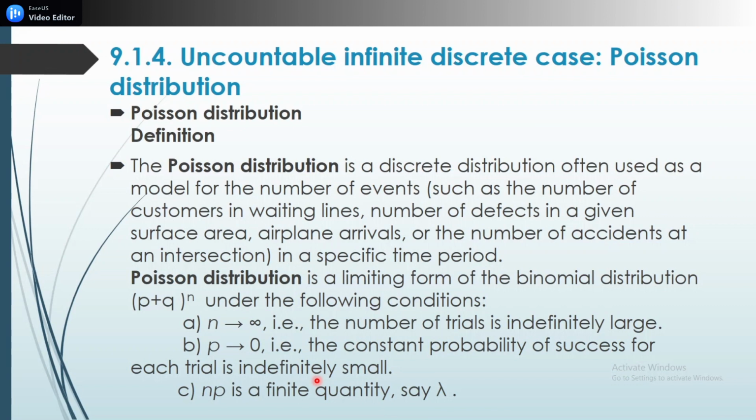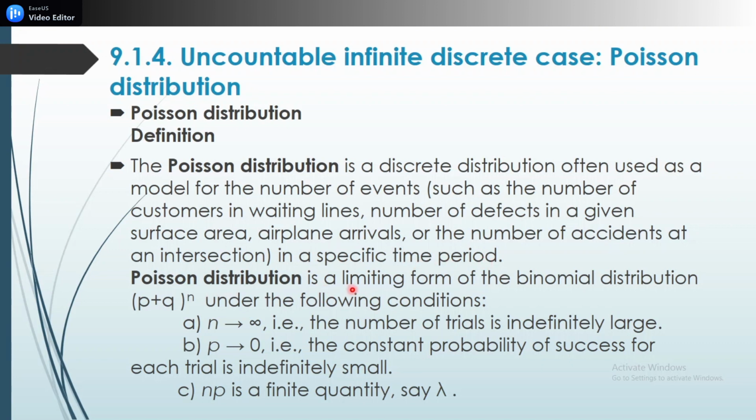The Poisson distribution, by definition, is a discrete distribution often used as a model for the number of events, such as the number of customers in a waiting line, number of defects in a given surface area, airplane arrivals, or the number of accidents at an intersection in a specific time period.